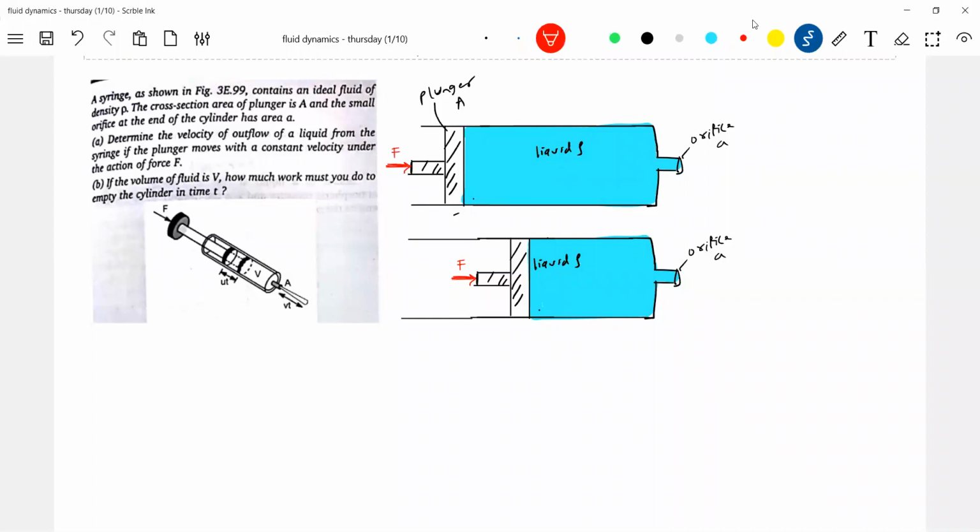With what speed will the liquid emerge out from this? This plunger will be moving with a speed v1, area of cross section A. There's a liquid of density rho. Can all of you get this? Here we have air, and here also air is there. Let's apply Bernoulli's theorem between point 1 and 2.